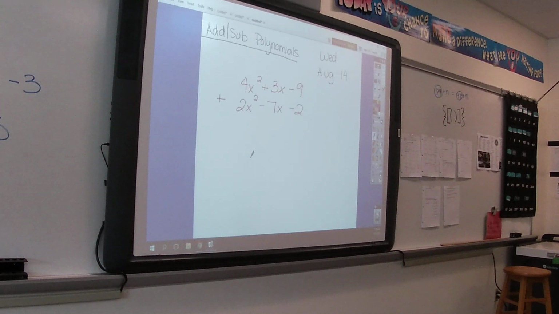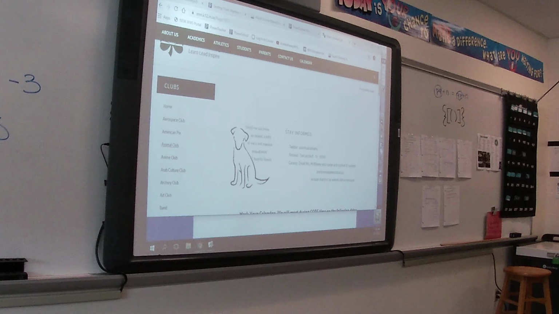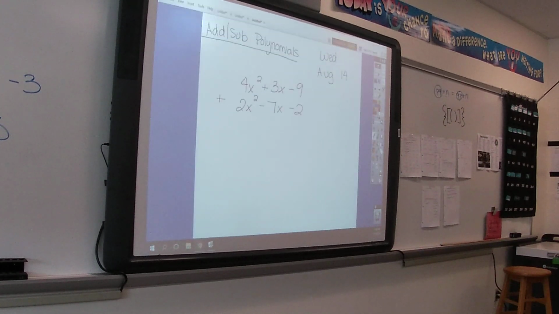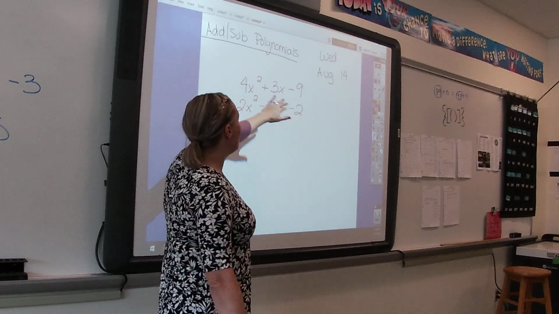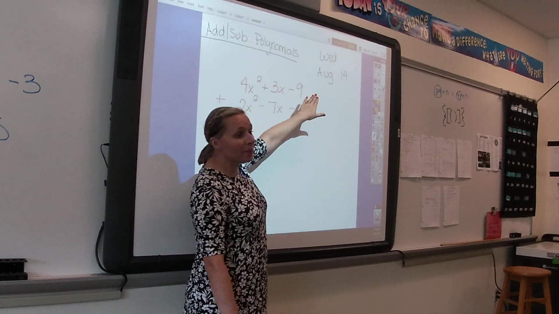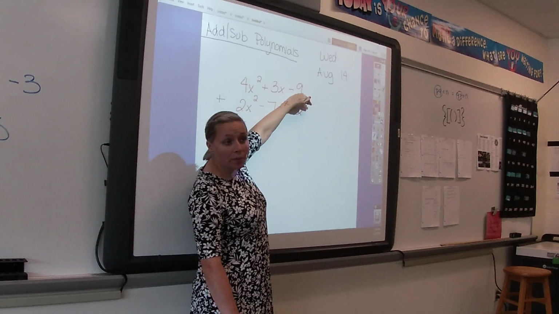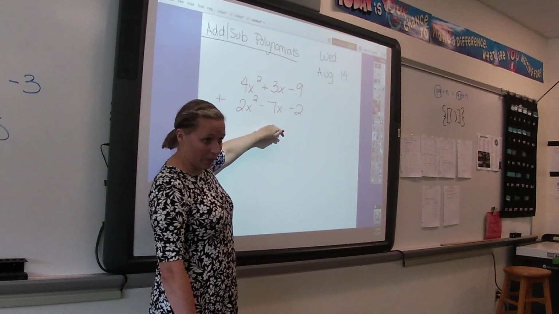And we want to add to that 2x squared minus 7x minus 2. I'm just pulling this back over so it doesn't make the screen go blank. So in this situation, we would be adding something with three pieces, a trinomial plus a trinomial.